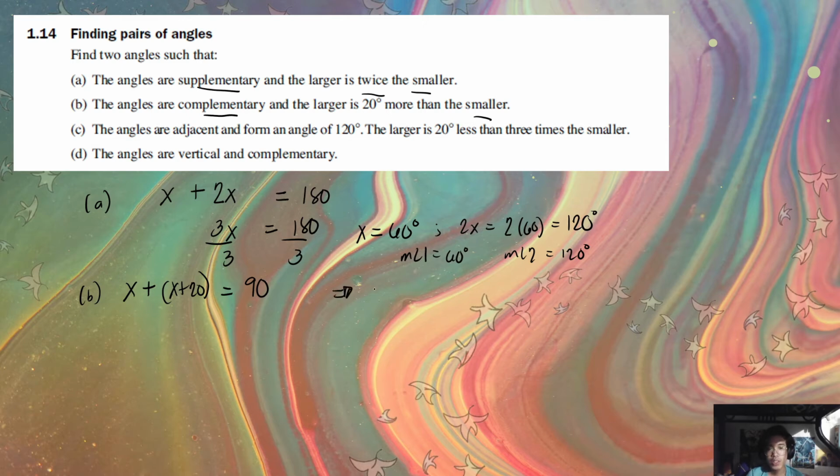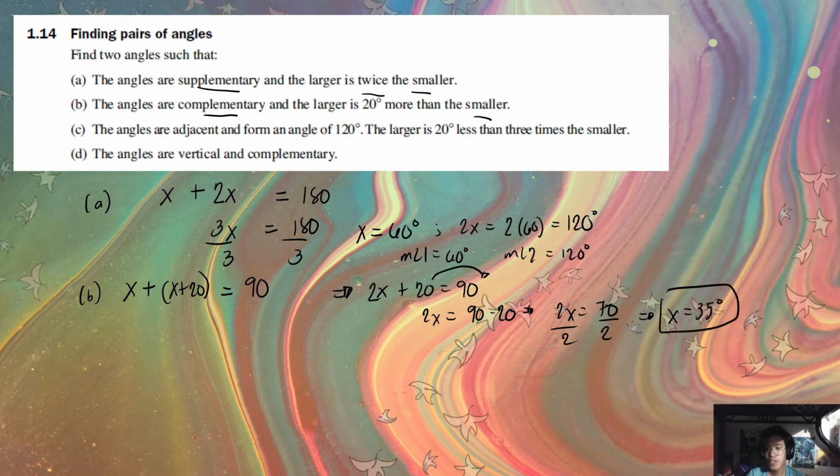Simplifying this equation gives us x plus x, which is 2x. 2x plus 20 is equal to 90. If we transfer 20 to the other side, that should give us 2x is equal to 90 minus 20. Therefore, 2x is equal to 70. If we divide both sides by 2, x must be equal to 35 degrees.